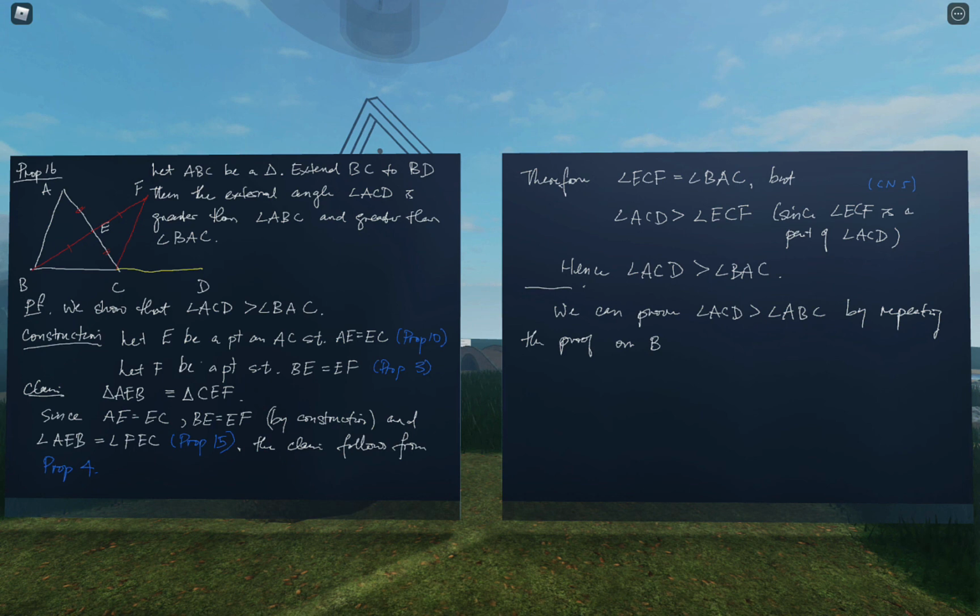Yeah, we have to redo the whole construction starting on BC instead of AC, bisecting BC. Yeah, that's right. Cool.